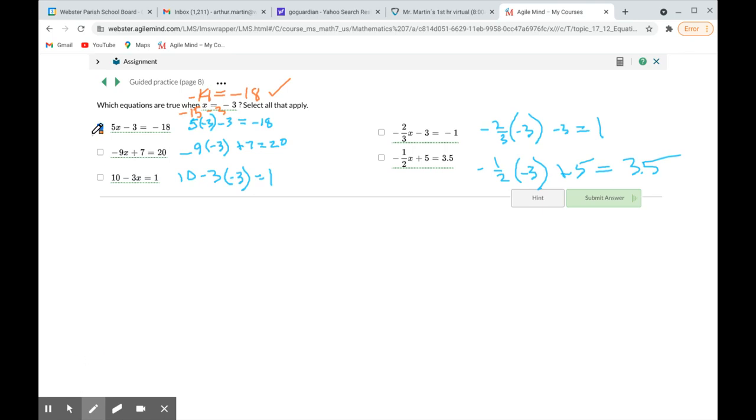What's 9 times 3? 27. Is 27 plus 7 going to equal 20? No. Nope. No. That one's gone. All right, Tashandrick, do that next one. We got 10 minus 3 times -3 equals -1. So what's the first thing that we do?